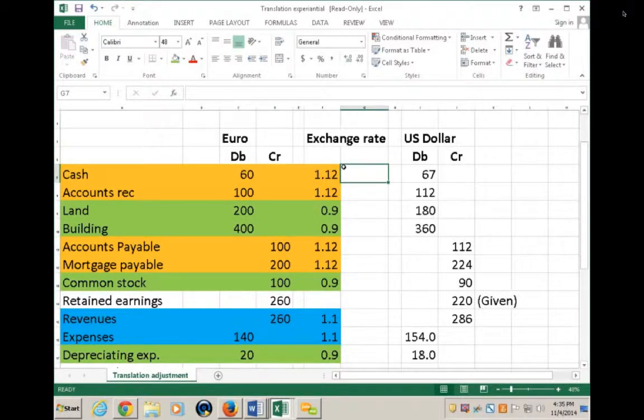And when we have less assets, we also have less liabilities. So our assets are becoming less because the rate went down, and the liabilities are also becoming less, so we're winning on the liability side, but we're losing on the asset side. And since we have more assets than liabilities, we lost more than we gained.